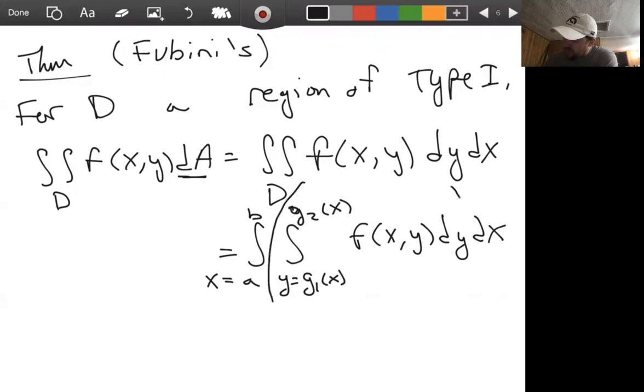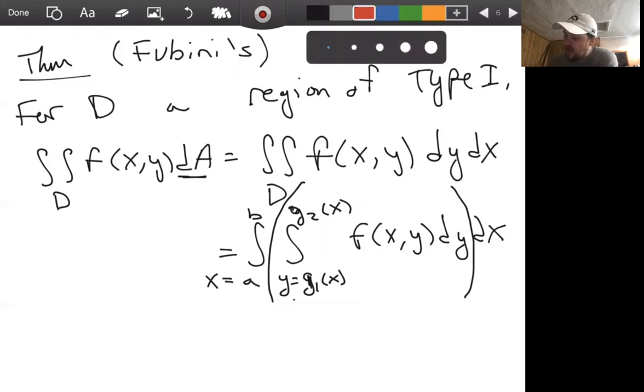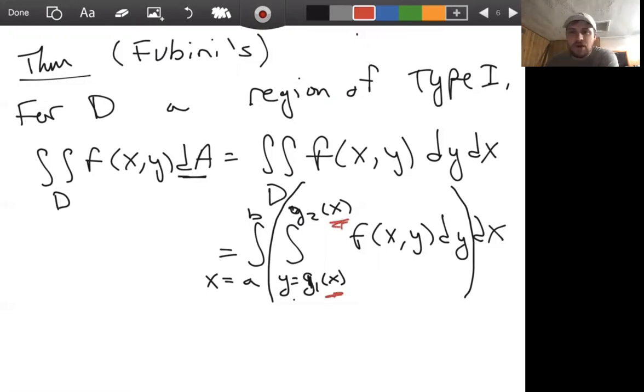Now, if we were to flip this, you're only allowed to flip this if you also rewrite the bounds so that y becomes constant and x becomes functions. Because if you integrate x first here and leave y bounds like g1 of x and g2 of x, then you've already integrated with respect to x, but there's still x's involved in this integral, which means your integral didn't pick up everything that it needs to know.